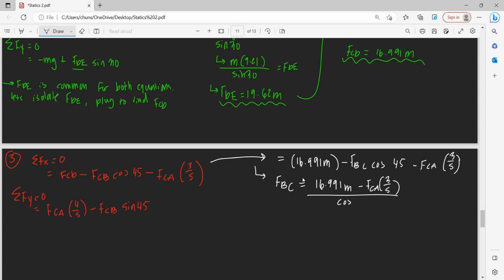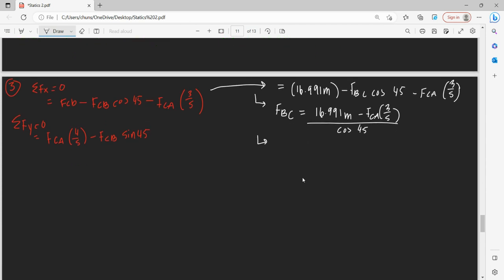Over cos 45. Then we have, so we're going to keep that for our FBC.